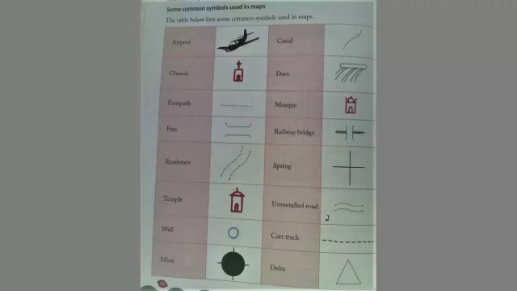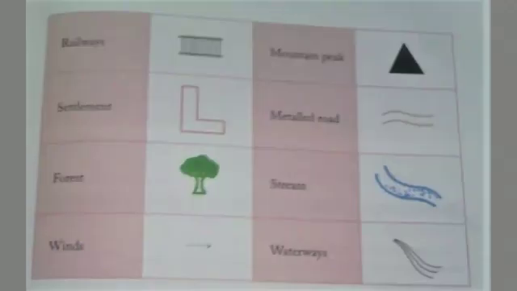Every map has a map key. A map key tells us what the symbols on the map represent. Symbols explain the features that are shown on the map. Now you will see the table below that lists some common symbols used in maps.